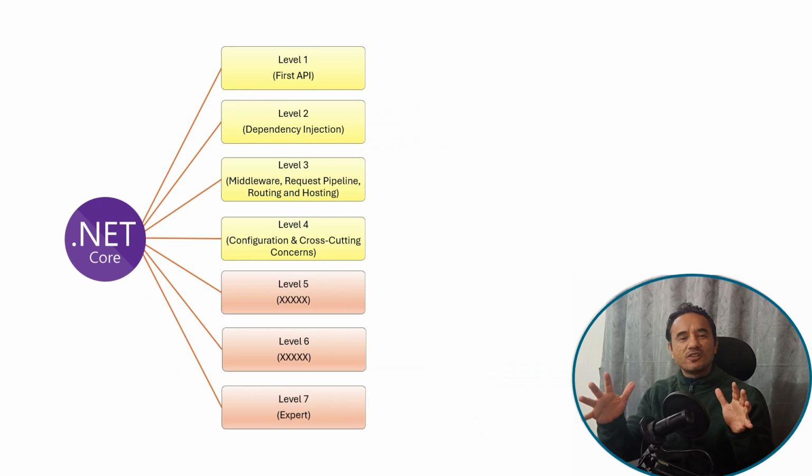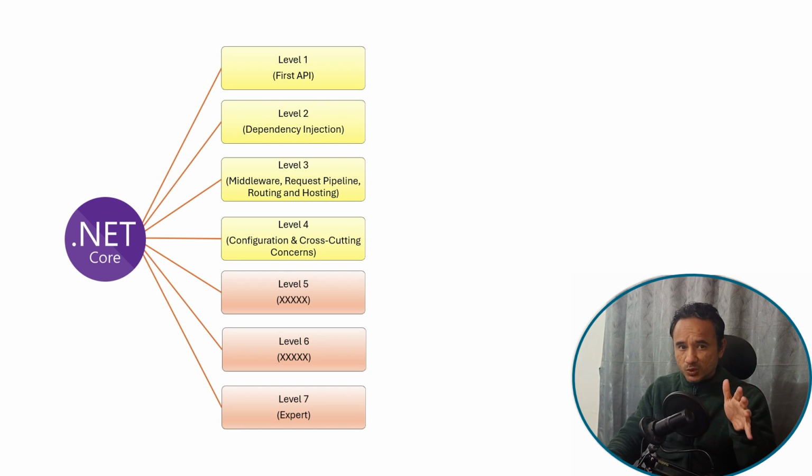Next is level 4, where we will cover topics like configuration and cross-cutting concerns. Again, my friend, if these concepts are too much for you, then just listen to the names right now. Don't think that you will cover all this in one single day, but you should be aware of the concept names.